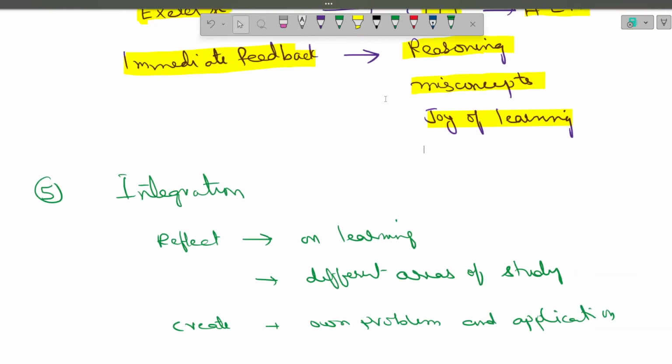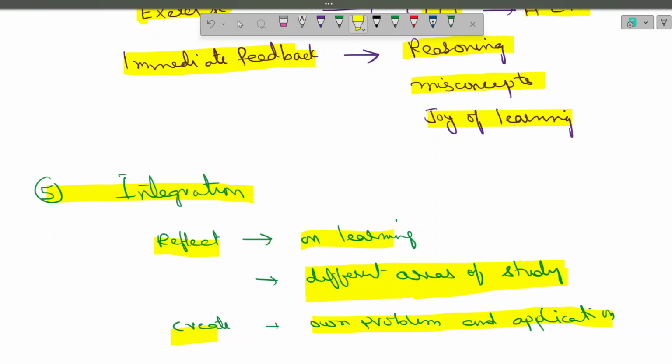Then the last is integration. Integration means reflection: what they have read, what they have learned, and they can integrate different areas of their studies. Suppose what they have learned in math class they can apply in other subjects like chemistry, economics, biology, and they can create their own problem and make an application.